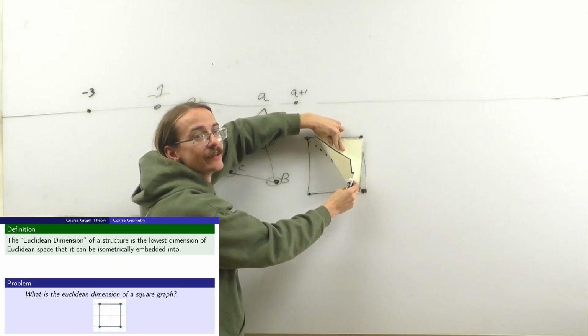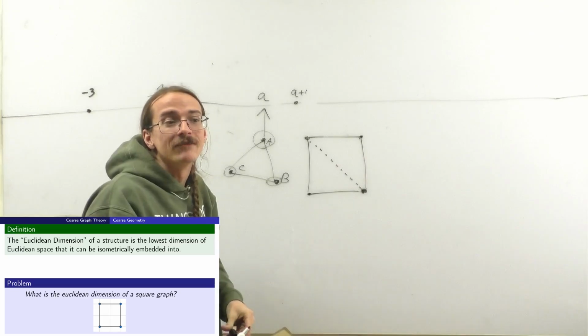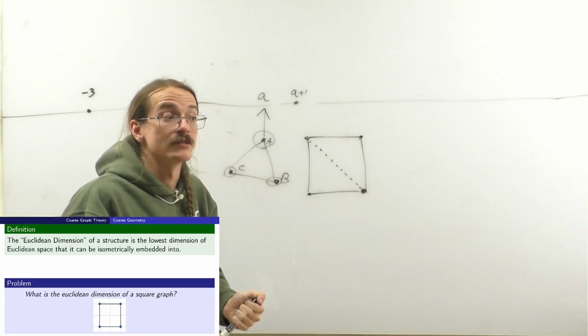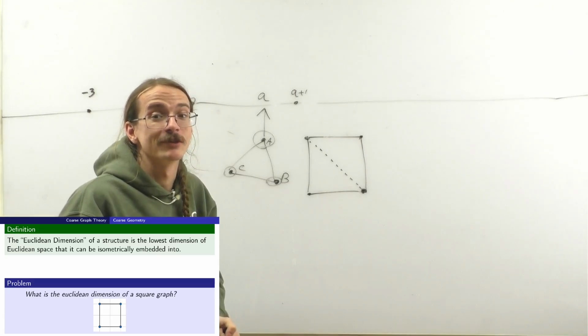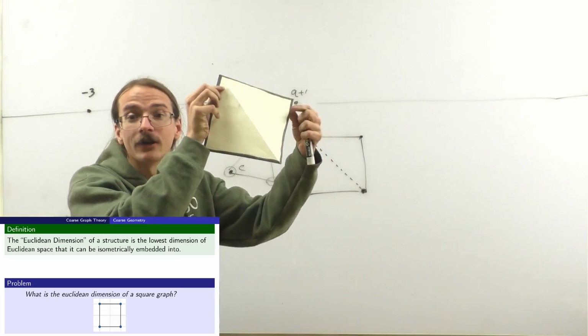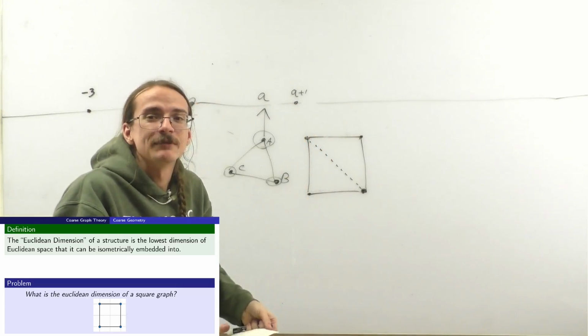What's the problem with that? We leave the plane. Okay, so the square doesn't have dimension 2, which is kind of weird, but this isn't a square in the square sense of the word. This is a square graph, a 4 cycle. Suddenly it seems less strange.